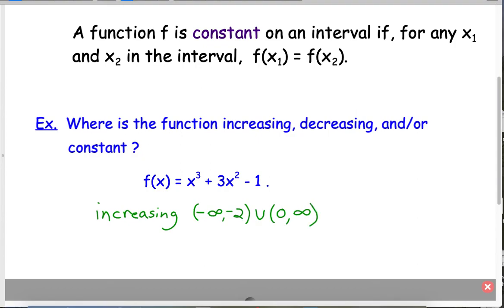And then the function is decreasing between -2 and 0. So (-2, 0). And notice, because we're using -2 in both the increasing interval and the decreasing interval, we're not going to consider it as being part of one and not the other. So we're just going to use parentheses on everything for increasing and decreasing.